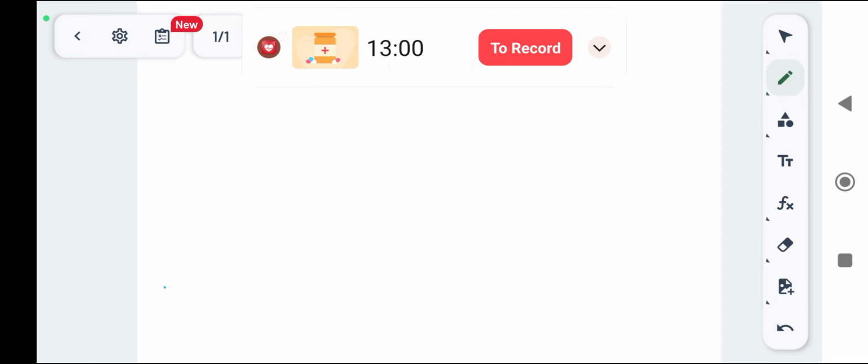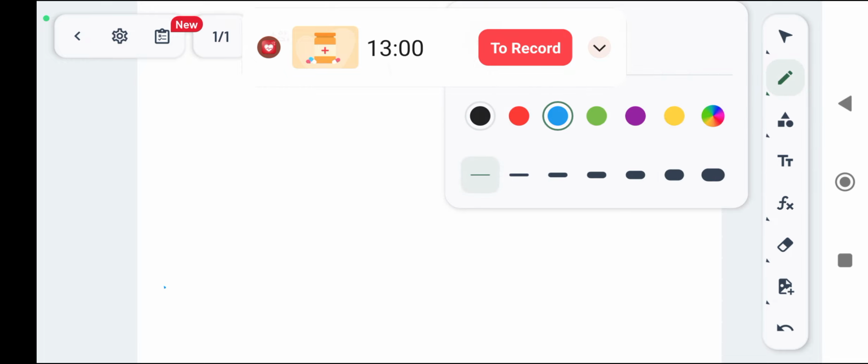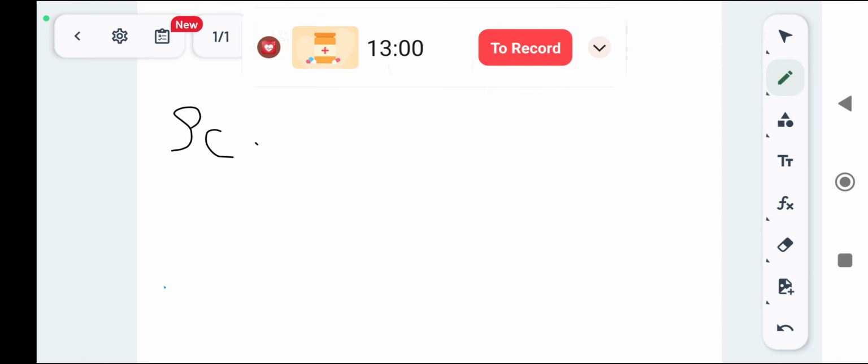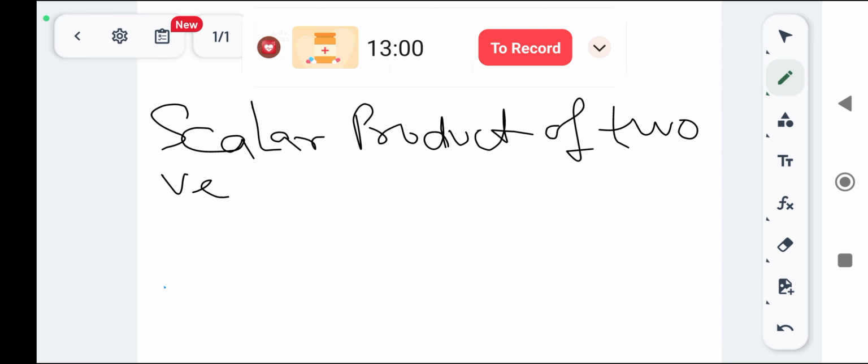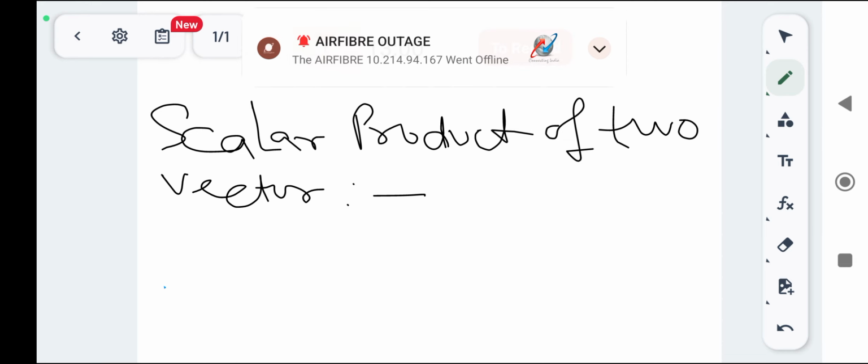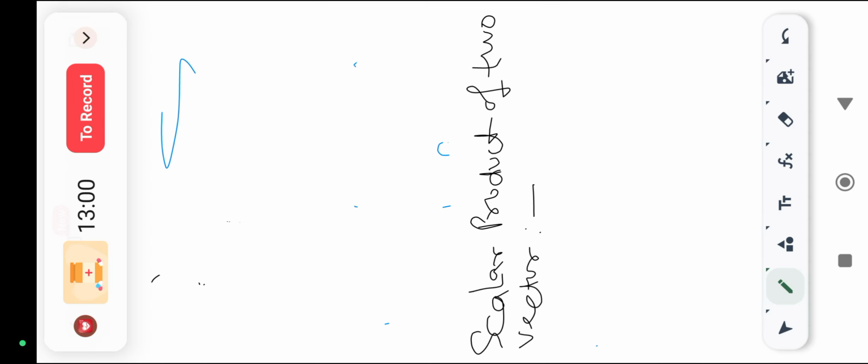The scalar product of two vectors. Then what happens? What is the scalar product of two vectors?